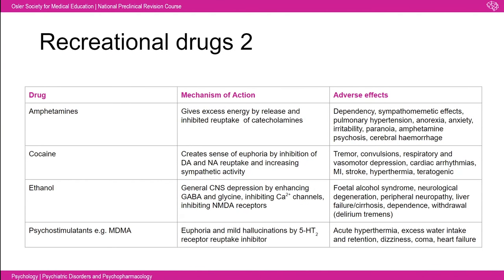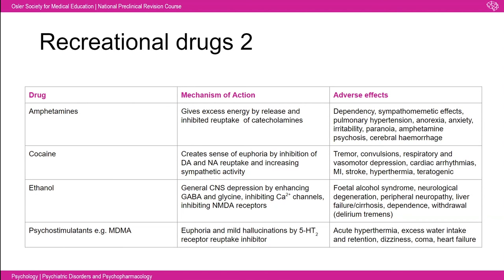Then more recreational drugs. We've got amphetamines, which are used to treat ADHD in a clinical setting, but can be used as drugs of abuse. It includes things like speed. It gives excess energy by the release and inhibited reuptake of catecholamines, so dopamine.